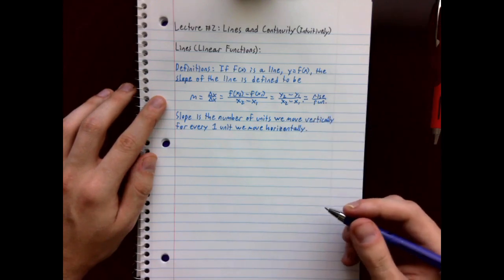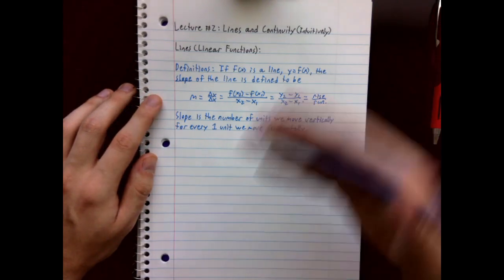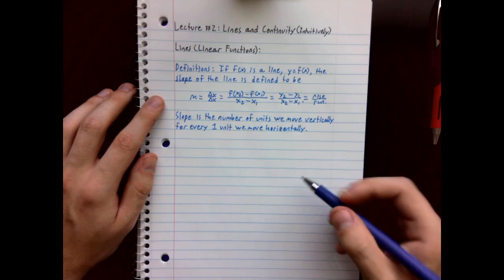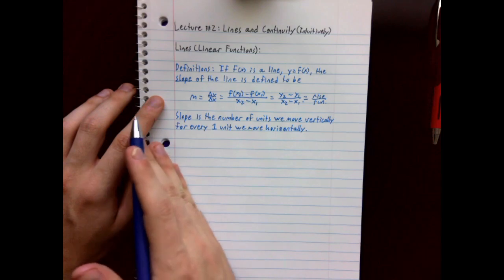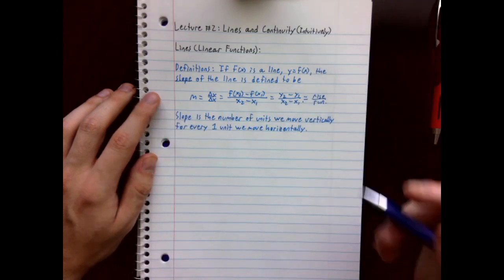So if I told you that the position of a car is linear, then the slope would represent its speed, and it would be for every unit of time we move some distance.